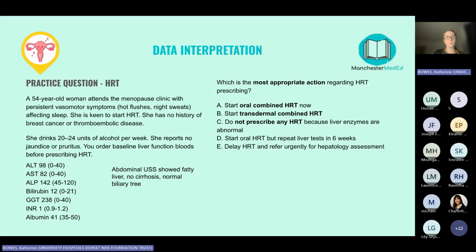So that's how this would work practically for you, maybe. Okay, so another data interpretation question. Give this one a go. I think this is the last one.